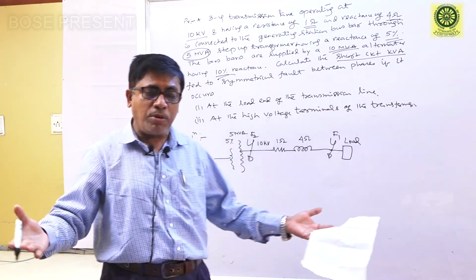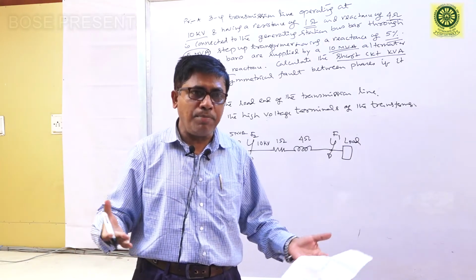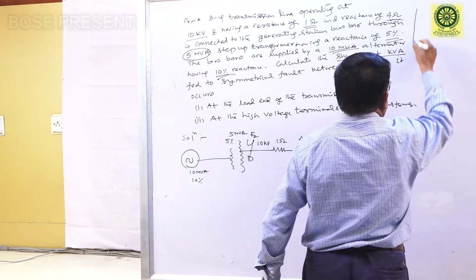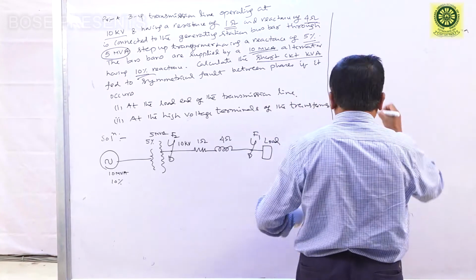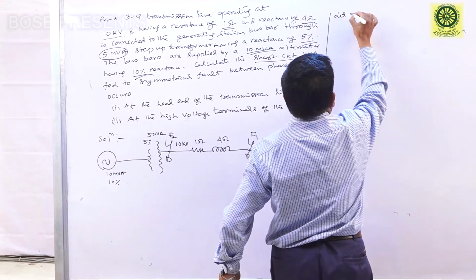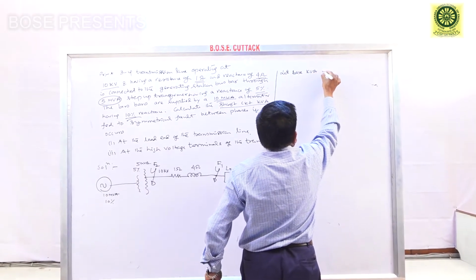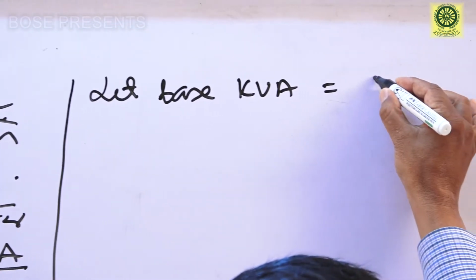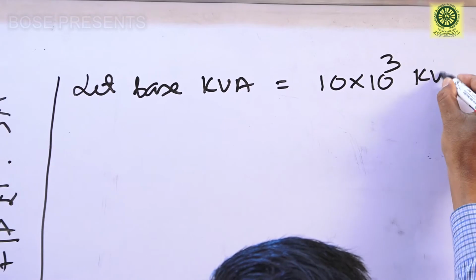Now you have to come to a common platform. You have to take the base kVA. Let the base kVA be equal to 10 into 10,000 kVA.